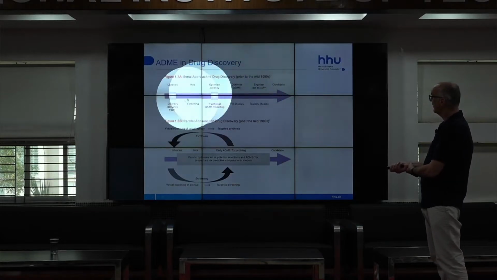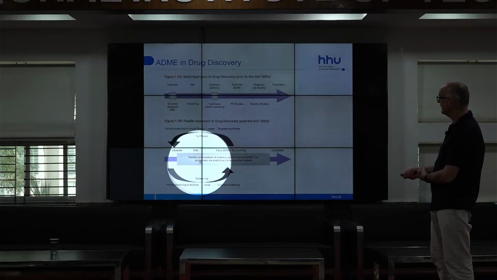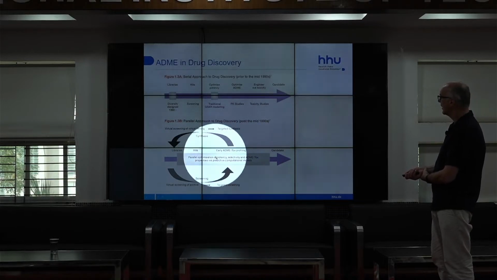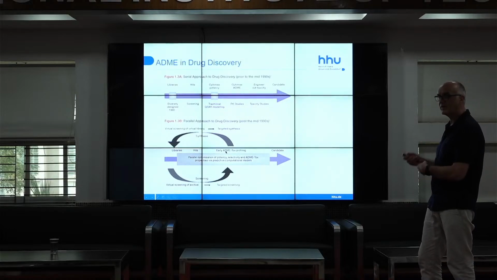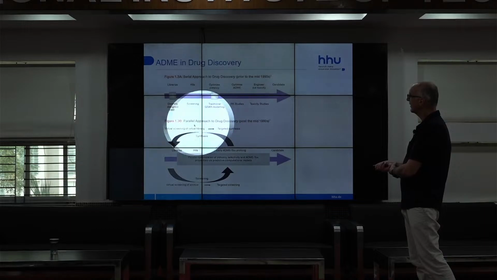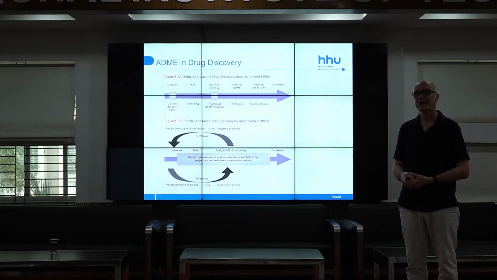Nowadays, people are going a different way. They screen the libraries they have for hits, but then they make some early ADME toxicology profiling with the structures. If they do not fulfill all the criteria, then you have to go back to make a new lead structure, finding new structural variations, and so on.